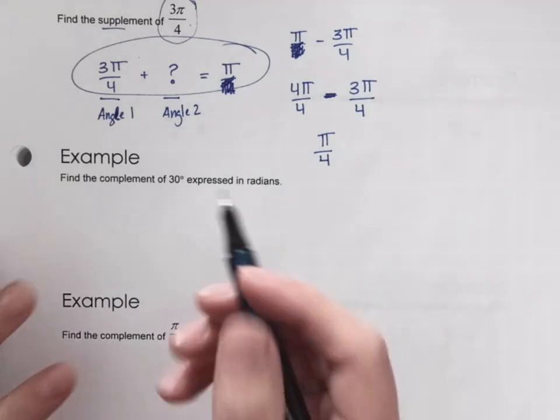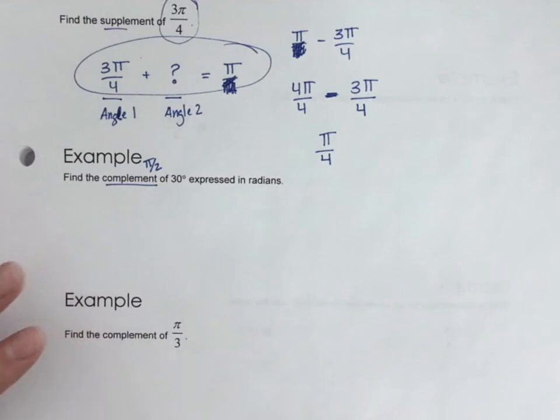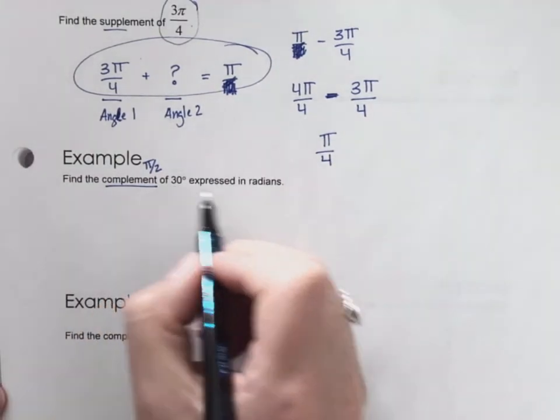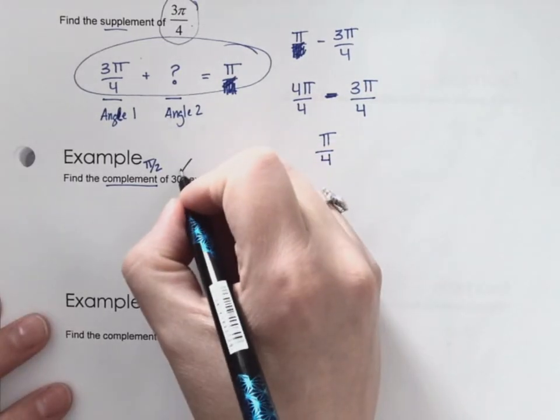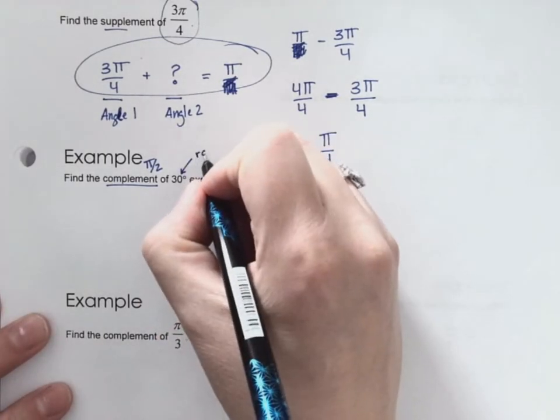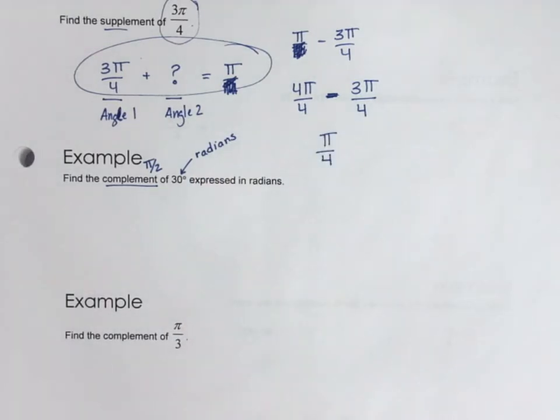All right, so find the complement of 30 degrees expressed as radians. We can do it one of two ways. You can convert 30 degrees to radians, option 1, or do it all in relation to degrees and then convert your answer.